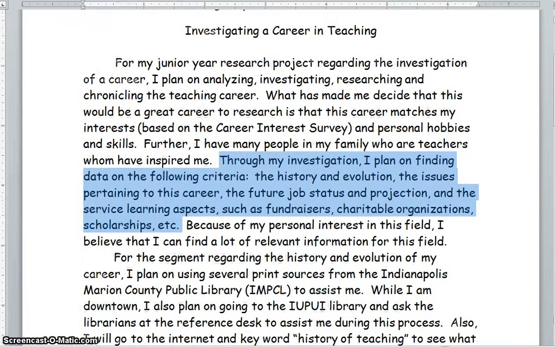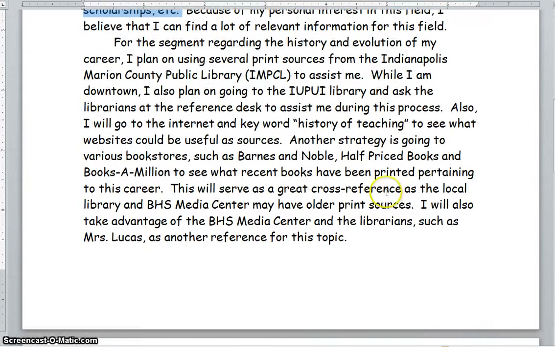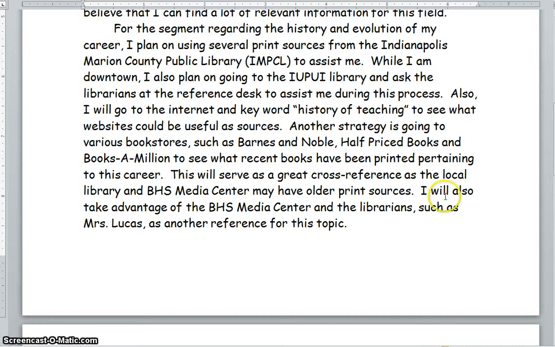The next few paragraphs, notice that with paragraph 2, I start on to the next part. I start telling the reader specifically about how I'm going to investigate the history and evolution of the career. So I am very detailed. I specifically say which libraries I'm going to go to, which local libraries, maybe collegiate libraries, bookstores.